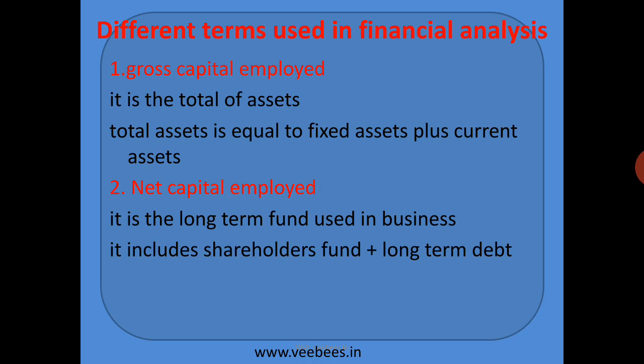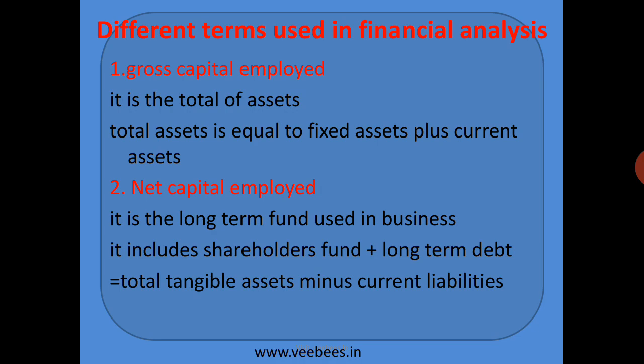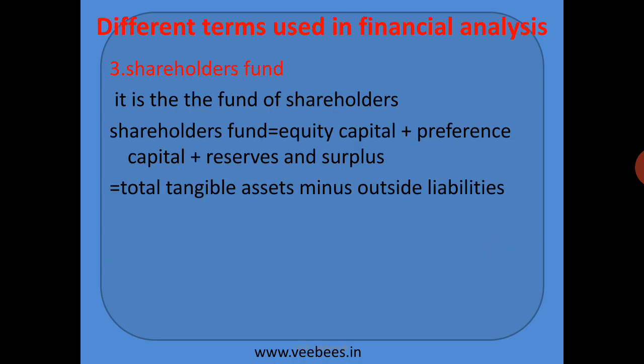Net capital employed includes debt capital plus shareholders fund, or it is the total tangible assets minus current liabilities. We can also find net capital employed by finding the difference between total assets minus current liabilities.